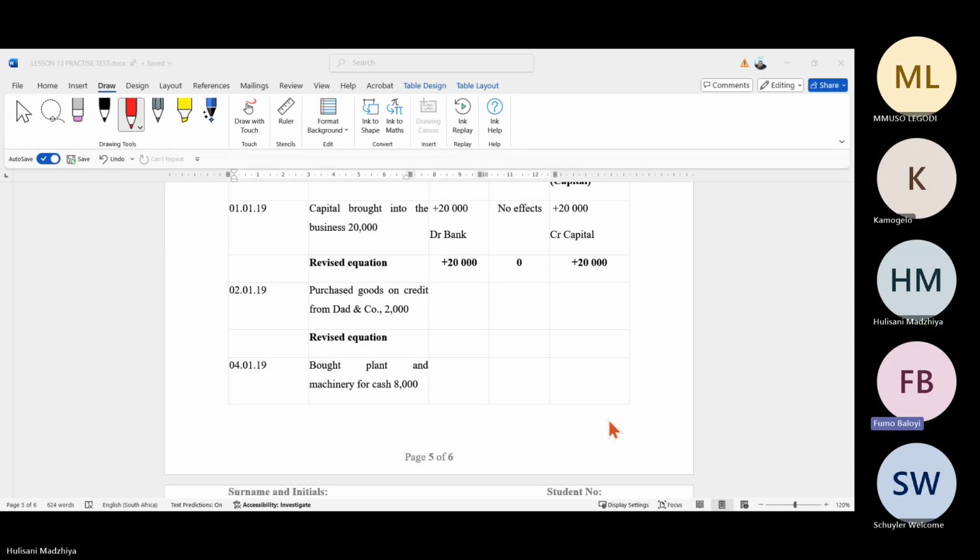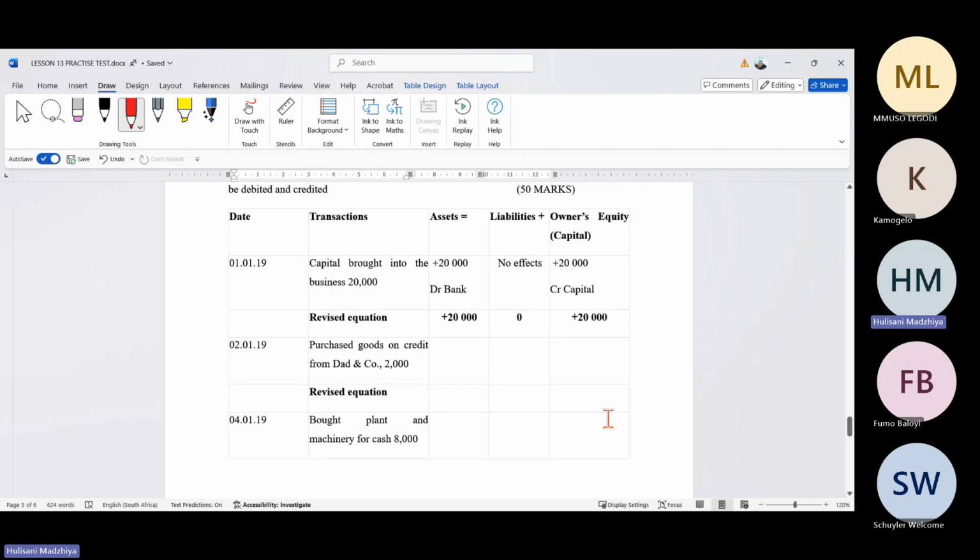Yes, Paloi? It increases on the debit side, so plus 2,000. So which account are we debiting, which account are we crediting? Crediting the liabilities. And which account are we said credit? We are crediting what? Liabilities.